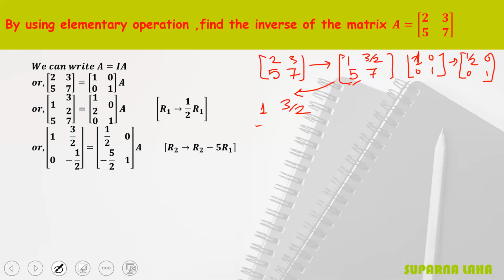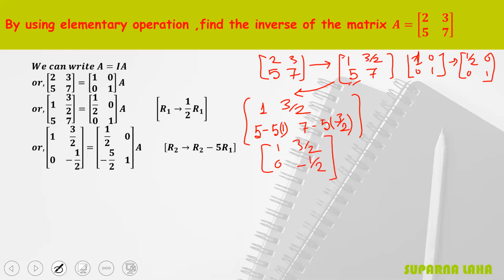For the second row: 5 minus 5 into 1, and 7 minus 5 into 3 by 2. So it will come 1, 3 by 2, then 0, and 14 minus 15, that is minus half.